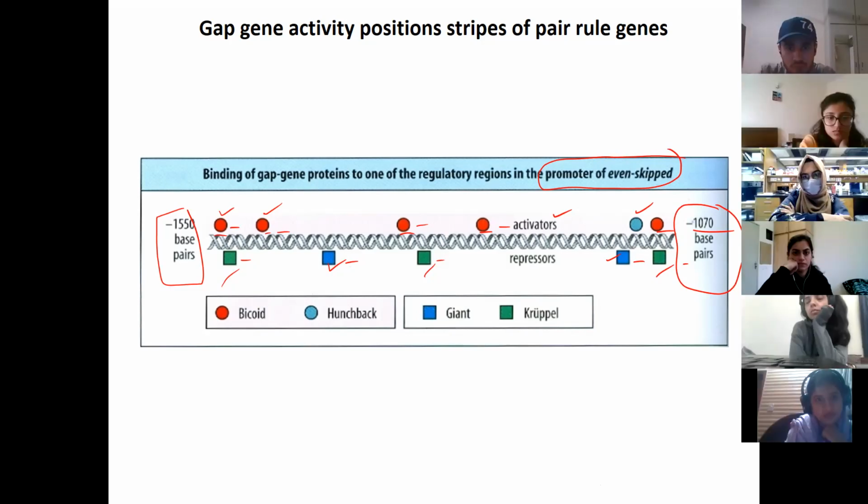Amina? I think, sir, these positions are relative to the promoter, either upstream or downstream. What do you mean by upstream or downstream? 1070 base pairs upstream or downstream of the promoter.